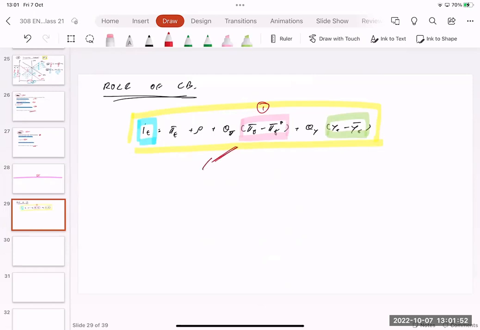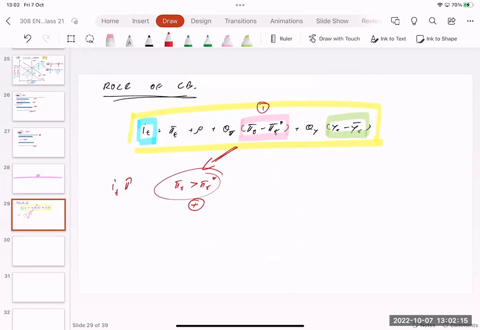For the first bracket, when the country has an inflation problem, inflation is greater than inflation target, this bracket becomes positive. The right side of the equation becomes positive, so it means that the left side is going to increase. So the central bank is going to respond by increasing the nominal interest rate.